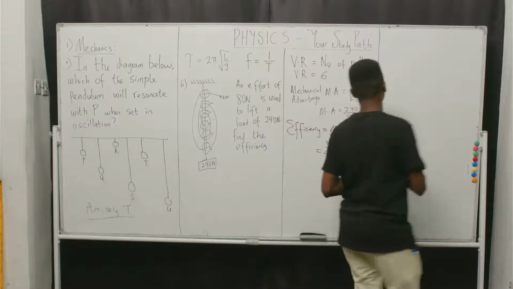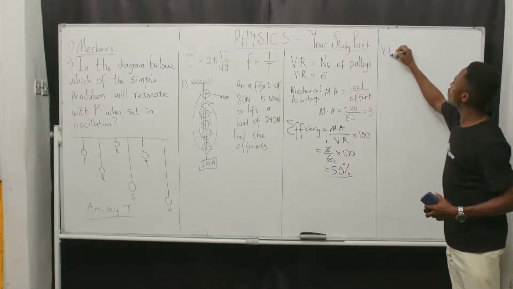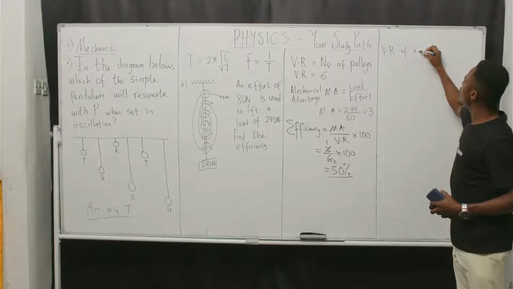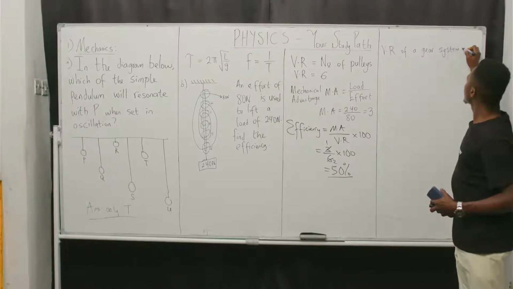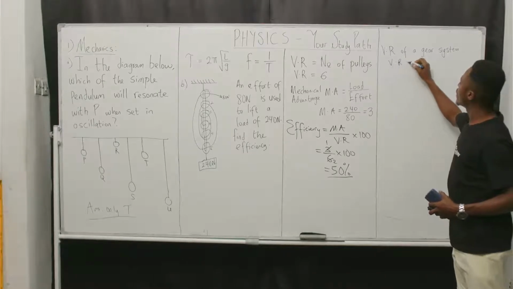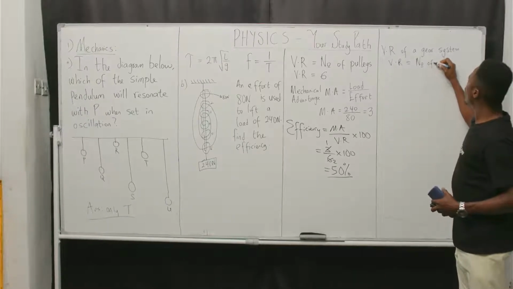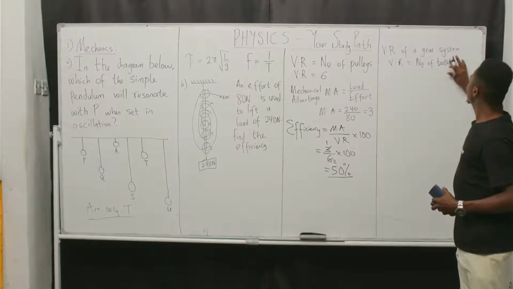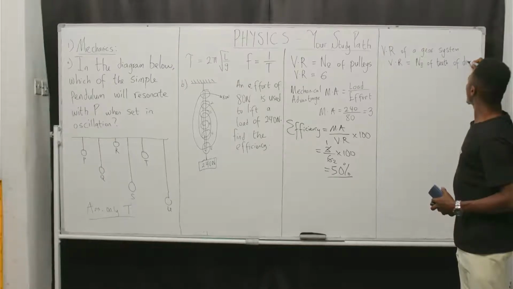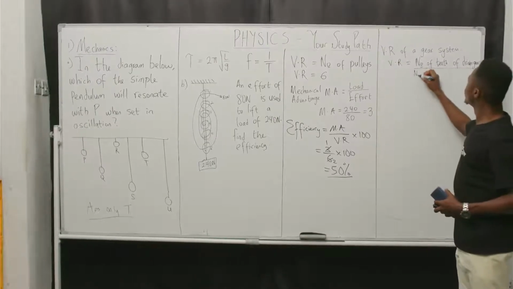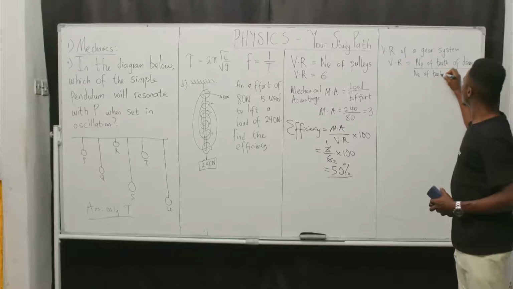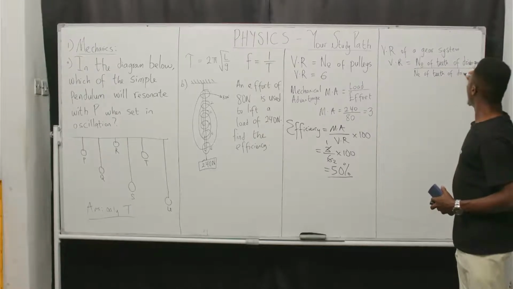So take into account that if we are dealing with velocity ratio of a gear system, we say VR is equal to number of teeth of driven gear over number of teeth of driving gear.